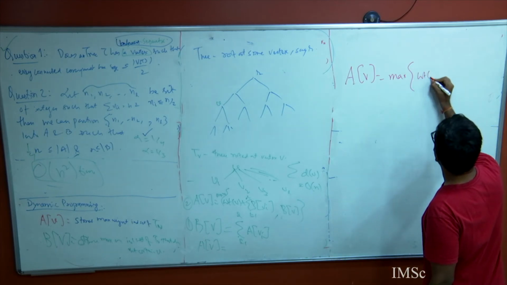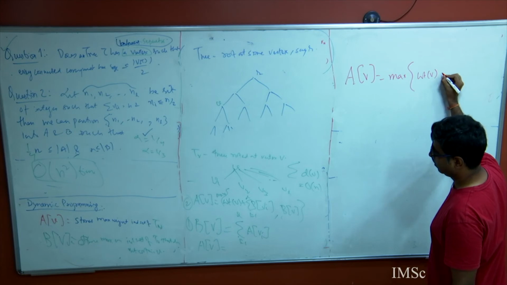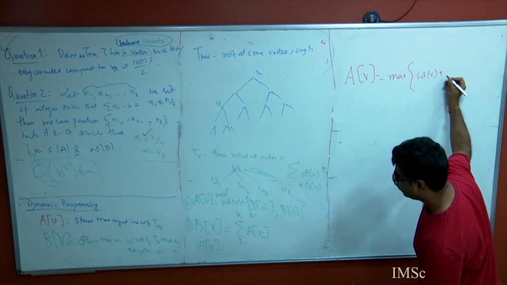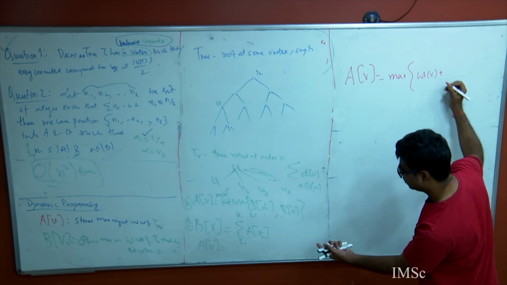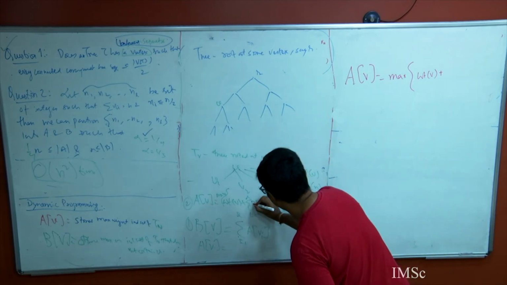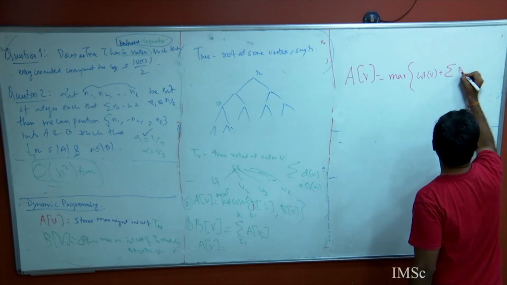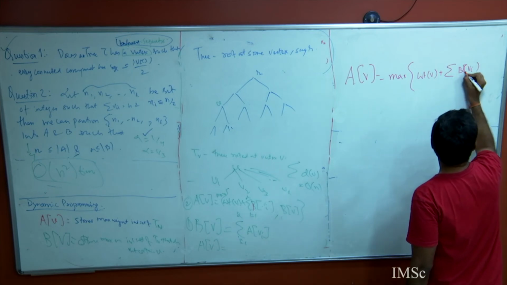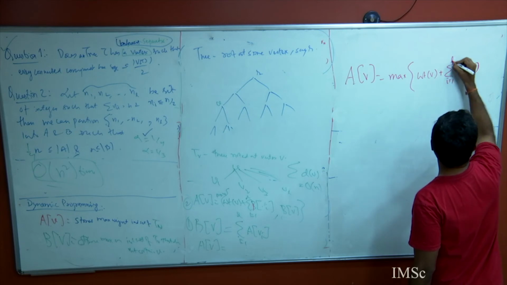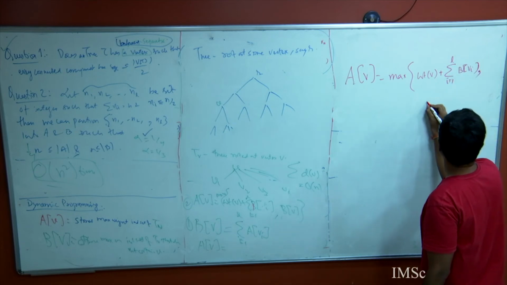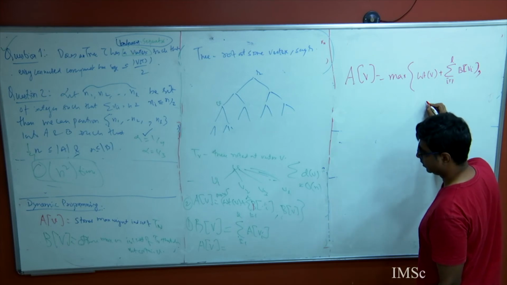You wrote weight of V plus, what was A_V? Weight of V plus the summation of B_{V_i}, i going from 1 to L. And what was the other one?